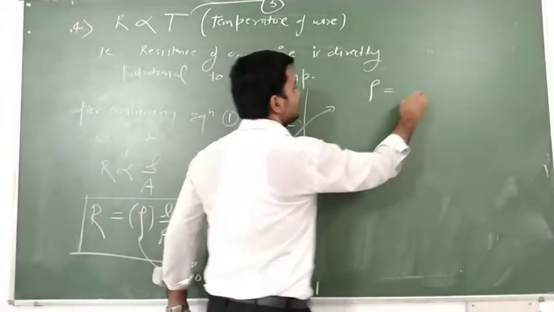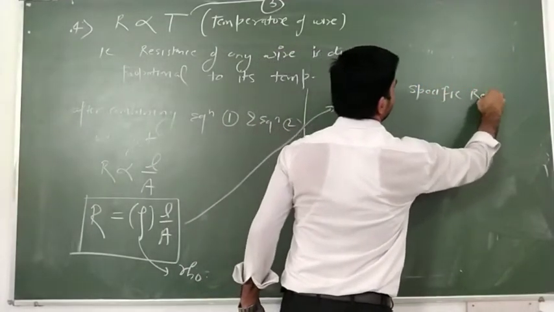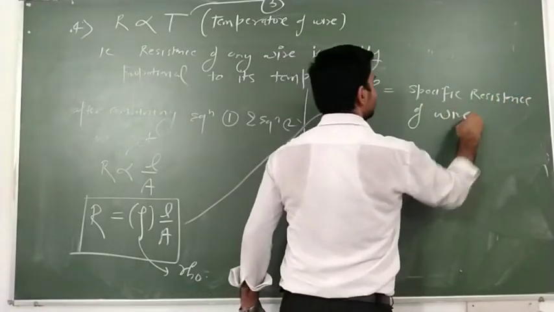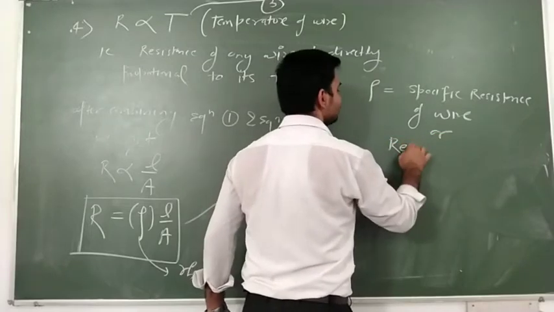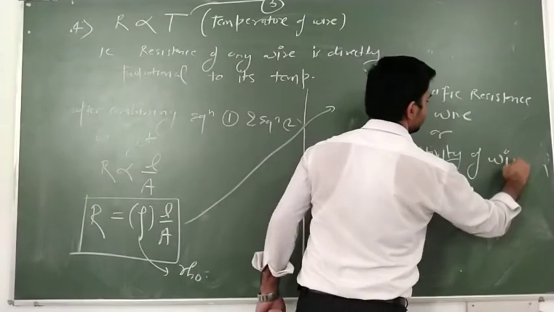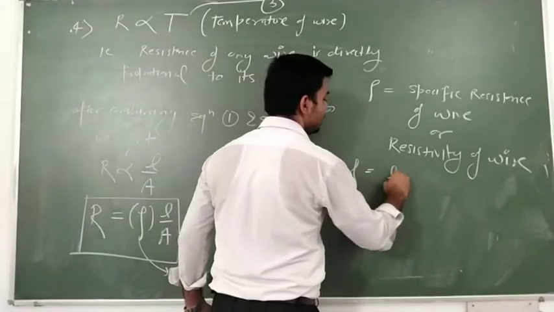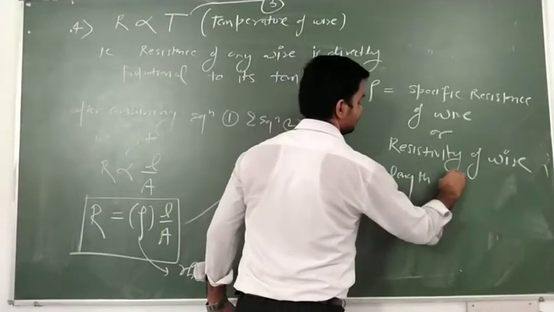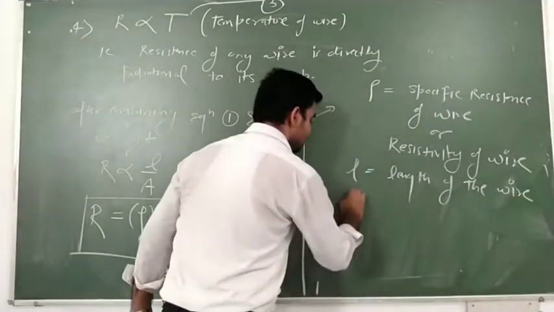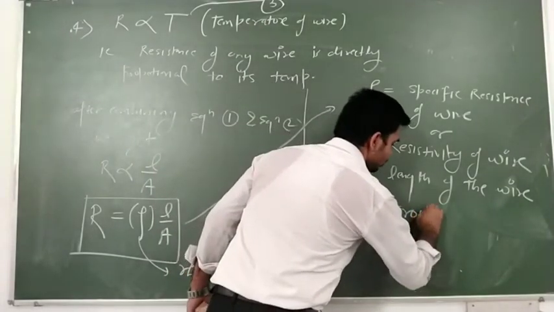Here rho stands for specific resistance of wire. You can also say resistivity of wire. L stands for length of the wire, and A stands for cross sectional area of the wire.